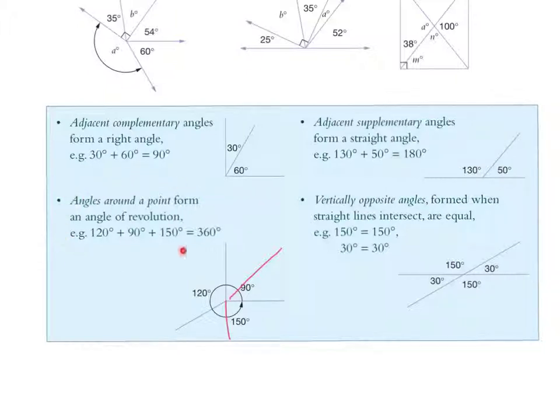Angles around a point form the revolution, so they equal 360. And for vertically opposite angles, when two lines cross like that, they have opposite angles that are equal. They're twins. Okay? We're going to have a look now at an app that allows us to play around with these things.